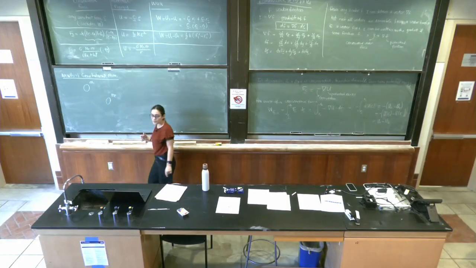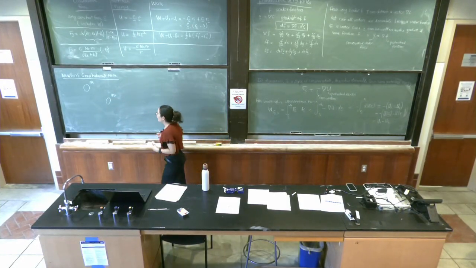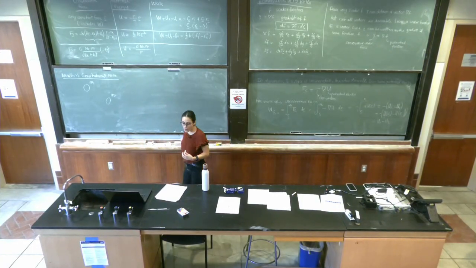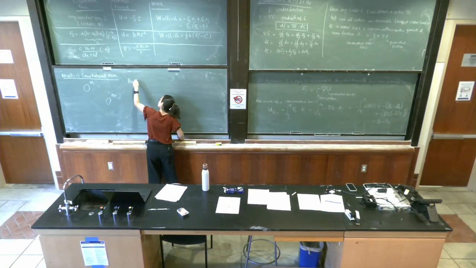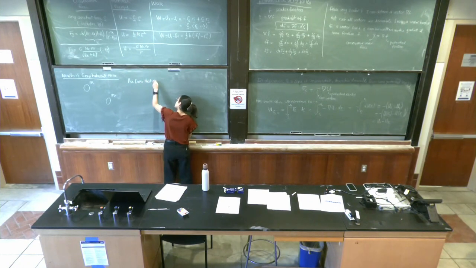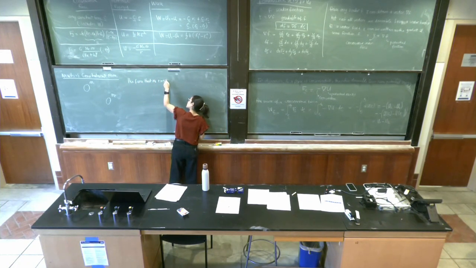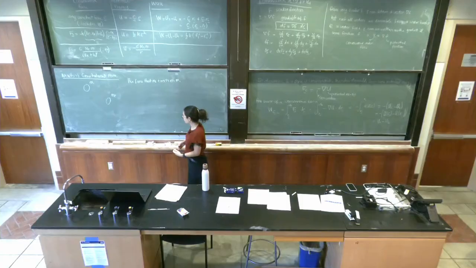So if I have two bodies of masses m1 and m2, they're going to exert forces on each other. So the force that m1 exerts on m2, for example, or m2 is going to try to pull m1 towards it.